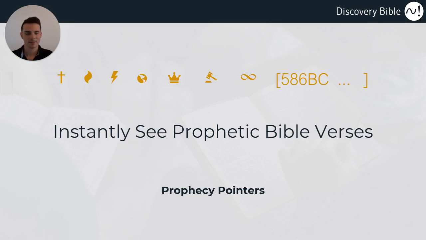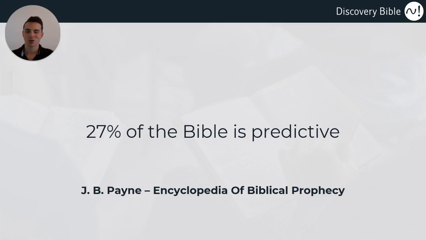And just some statistics, 27%, according to J. Barton Payne, is predictive. 27% of the Bible is predictive, and this comes out of the Encyclopedia of Biblical Prophecy. For those interested, this work actually played a major part in the Discovery Bible's prophecy symbols.